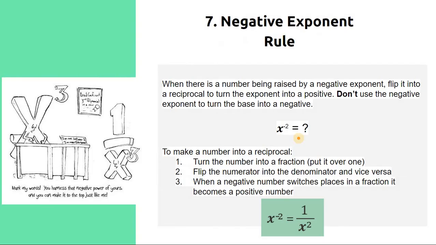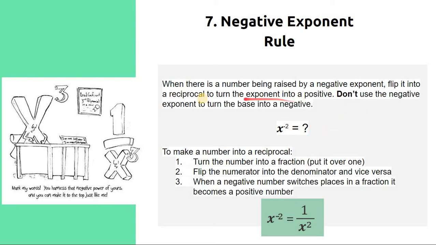And finally, we are in the negative exponent rule, which is the last. So, kapag ka meron daw negative, no, when there is a number being raised by a negative exponent, you have to flip it into a reciprocal. Kailangan mo daw siyang transpose sa kabila as a reciprocal.